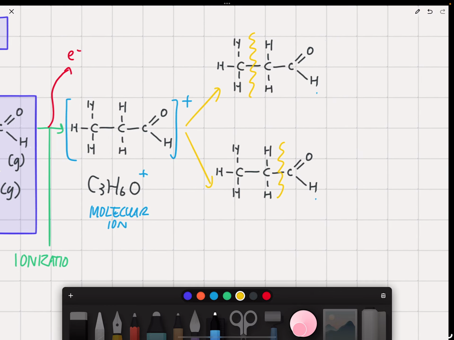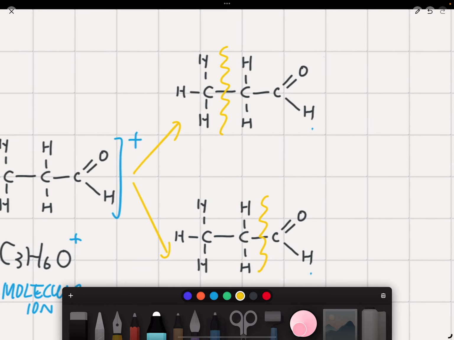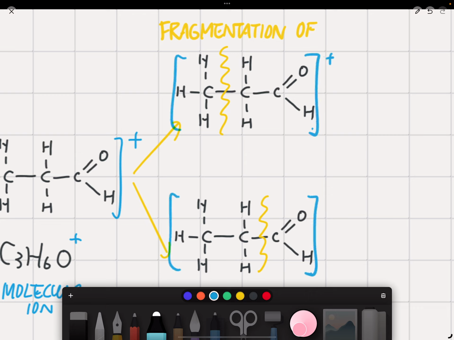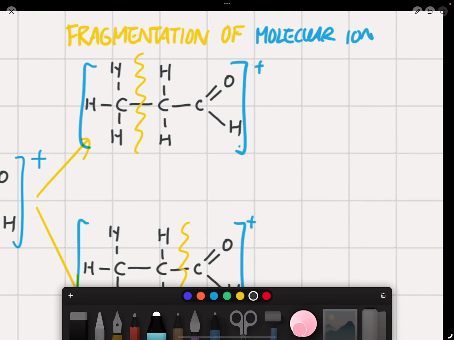Here we are looking at something new, never discussed before in this lesson. We call this the fragmentation of molecular ion. This is the positive charge ion we were dealing with just now. The molecular ion will then form CH3 plus and CH2CHO. This part here is the CH3 part.